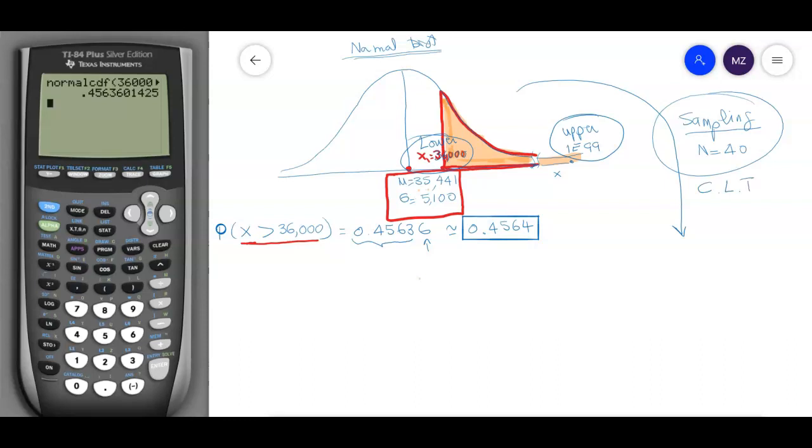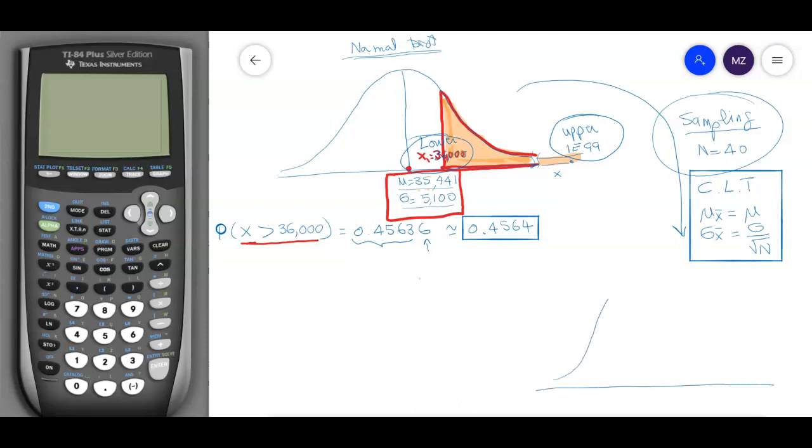The central limit theorem is giving you two facts: that the mu x bar, the new mean, will be equal to the old mean, which is mu, and the sigma x bar will change into the old sigma divided by radical n. So this is basically the central limit theorem. Now the distribution that you're gonna get whenever you do the sampling is as well a normal distribution.